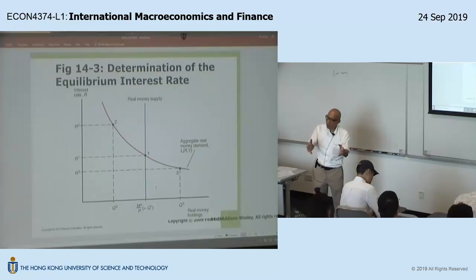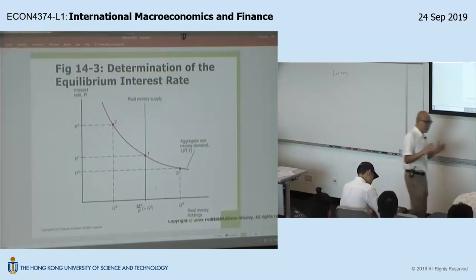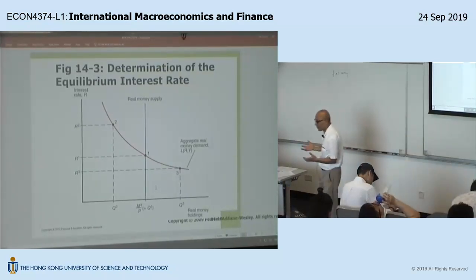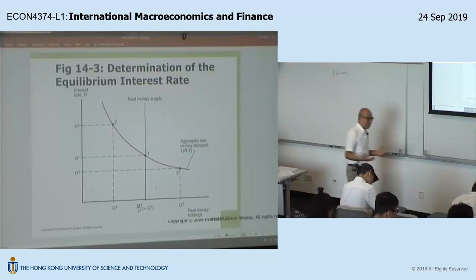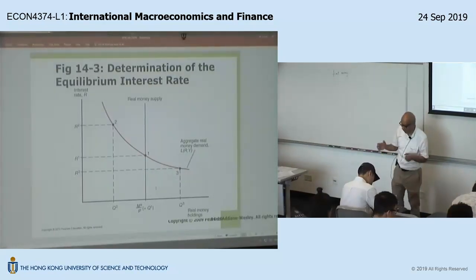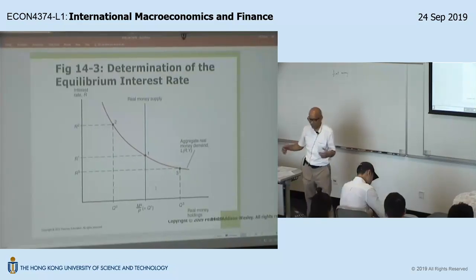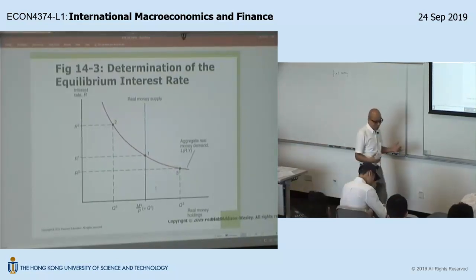You either hold money or you hold bond. Now the question is how much bond you want to hold, given that there's a fixed amount of financial resource in this economy. So how do people divide between the two?